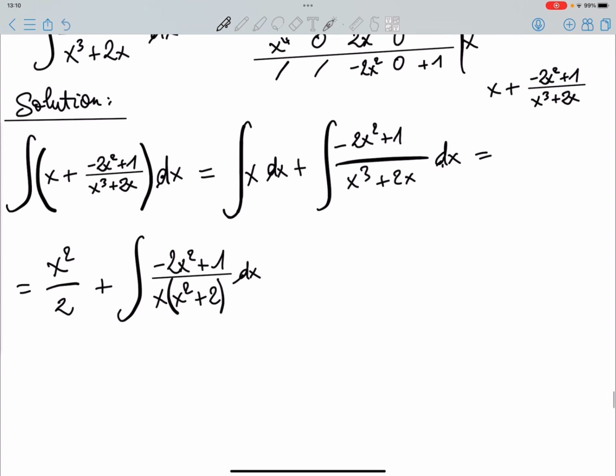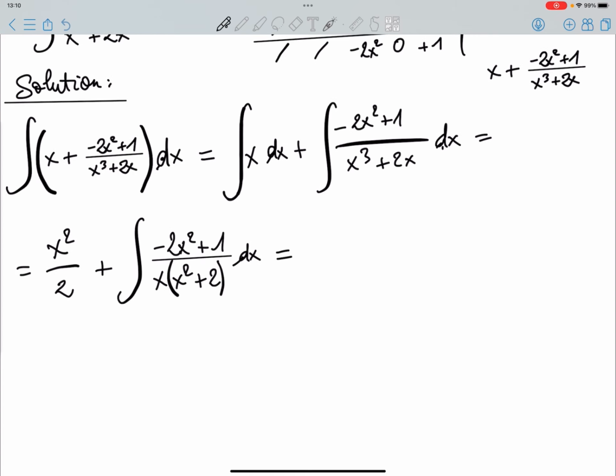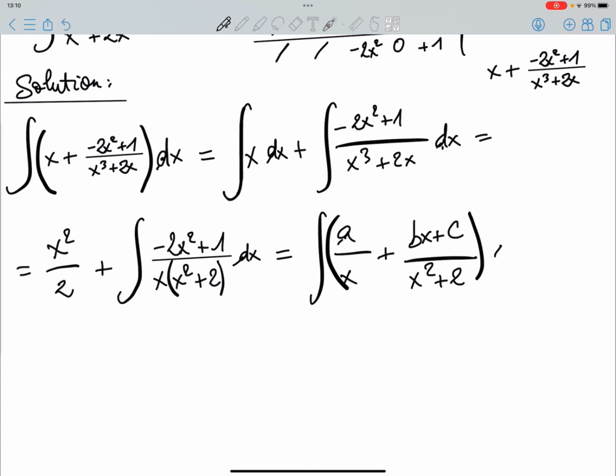Now for this integration here, I'm going to use integration by partial fractions. So this is going to be equal to the integral of some a over x plus some bx plus c over x squared plus 2, with respect to x. Now we need to find a, b, and c.